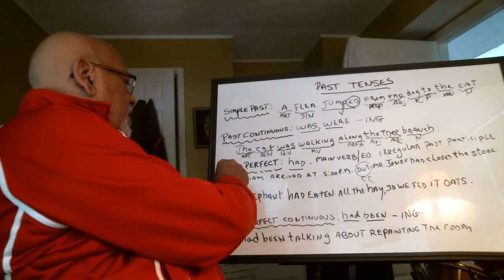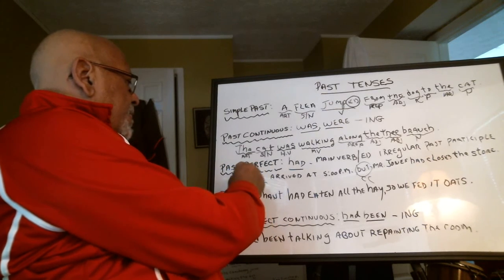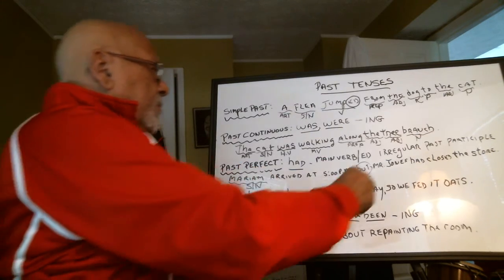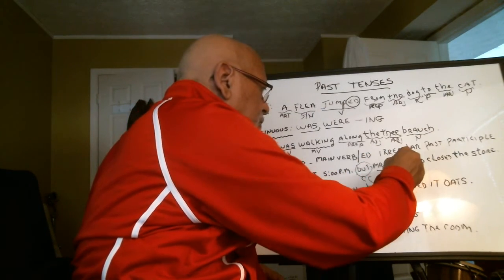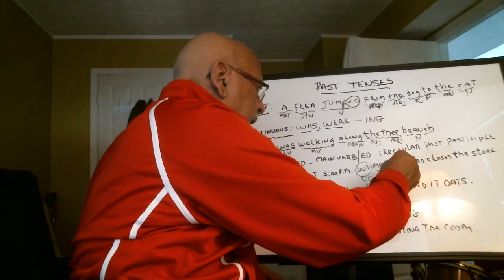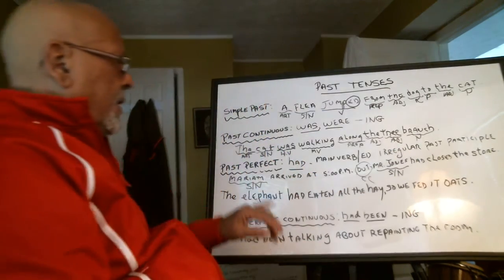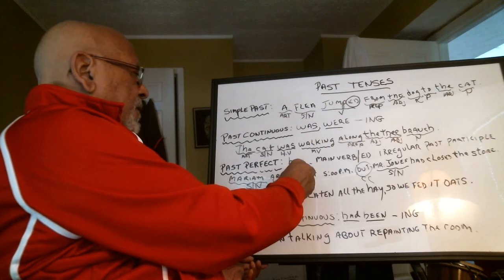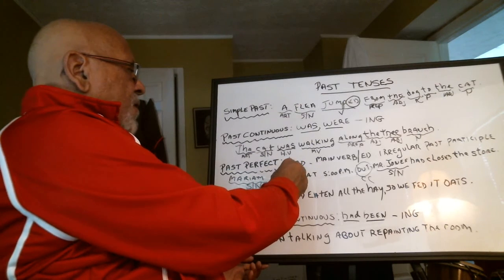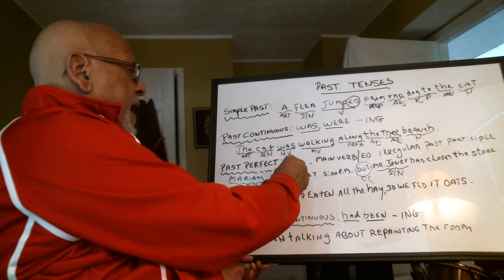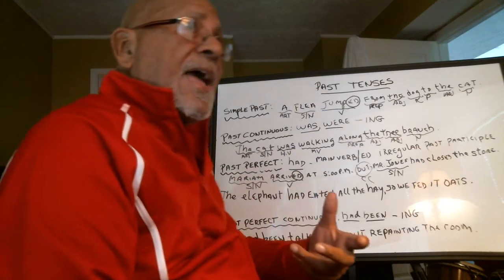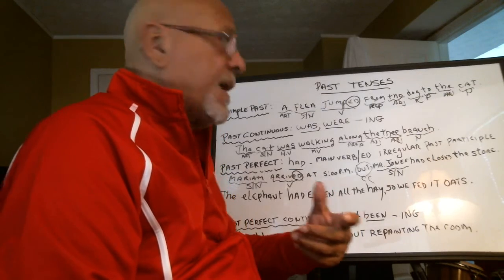So let's look at the subjects first. Miriam, subject noun. Mr. Jones, subject noun. Miriam did what? She arrived. And the verb is in the simple past form. So in one action, you have the simple past form.